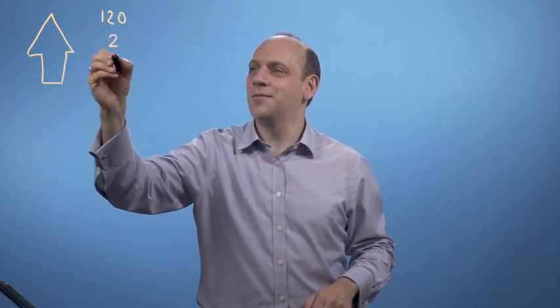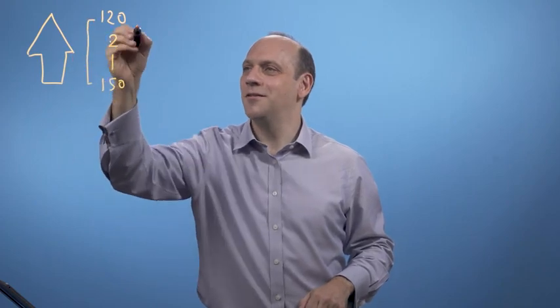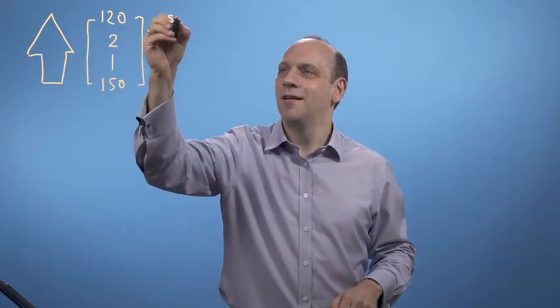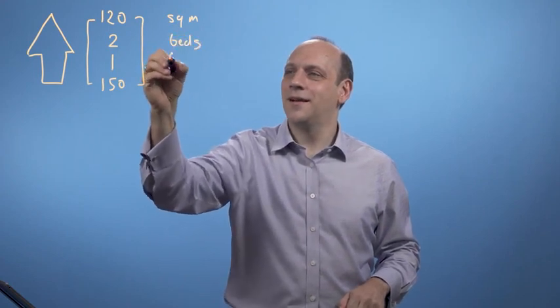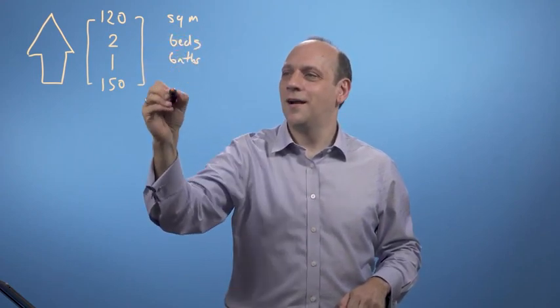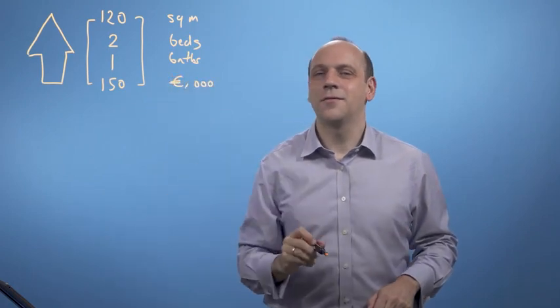So let's come back to the house example for a moment. We said we had a house, that's my house, that was 120 square meters, 2 bedrooms, 1 bathroom, and 150,000 euros. If I put the units in, that's square meters, its number of beds, its number of baths, and its thousands of euros that it's worth.